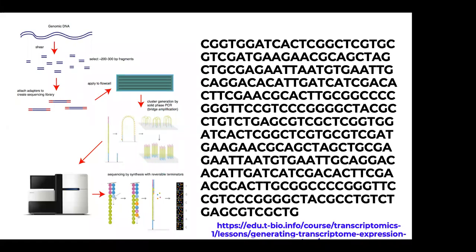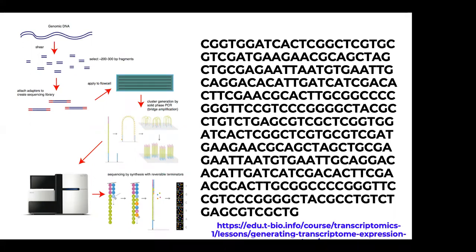Then it was sheared and placed in a flow cell. Inside the flow cell, cDNA fragments are amplified using bridge PCR amplification, and the flow cell is then inserted into the sequencer. This is the typical process of data generation.